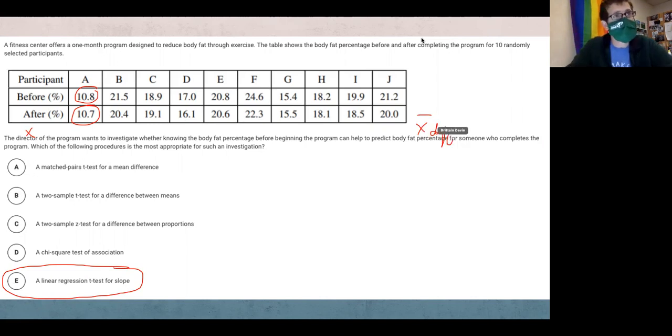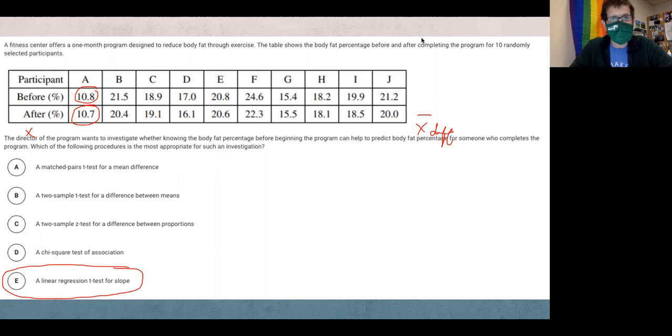But we use a matched pairs test if we want to determine the average weight loss, like if that's a confidence interval, what would the population lose on average? Just in general, not making any predictions. And then we could determine if it was an effective program by using a hypothesis test.